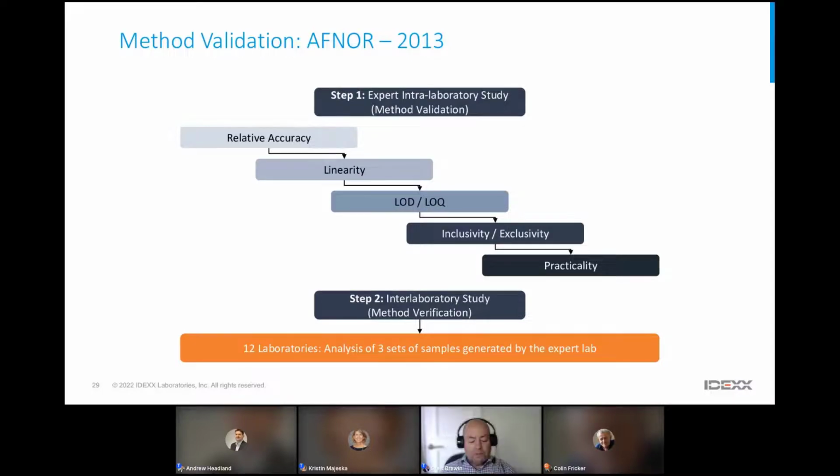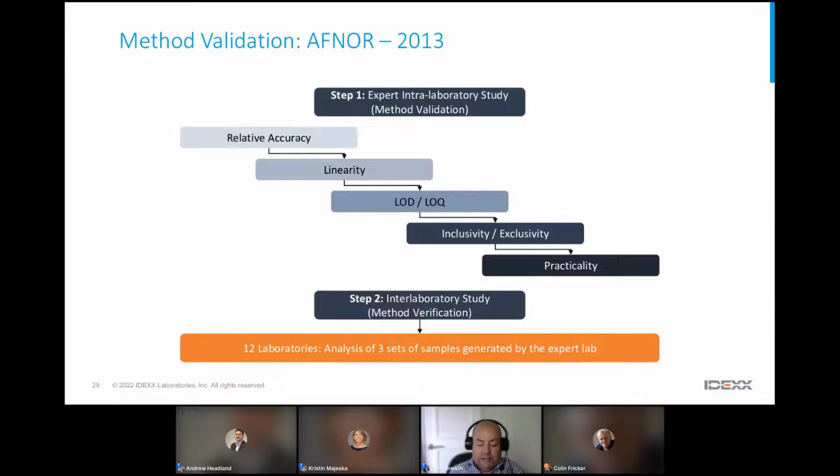The second trial that I would like to talk about is actually a method validation. And this was conducted by an expert laboratory in France under the guidance of the AFNOR committee, so the French normalization committee. This method validation is performed in two parts. So firstly, there is an intra-laboratory study that's performed within the expert lab.